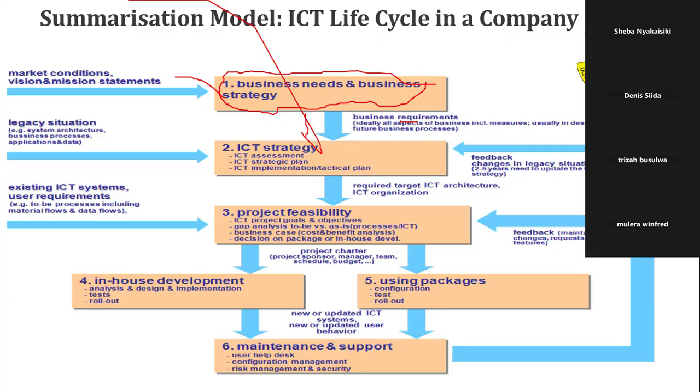The ICT strategy then gives us project feasibility. What are the ICT project goals? What gap is this ICT system or systems going to fill? Business case: what's the value?